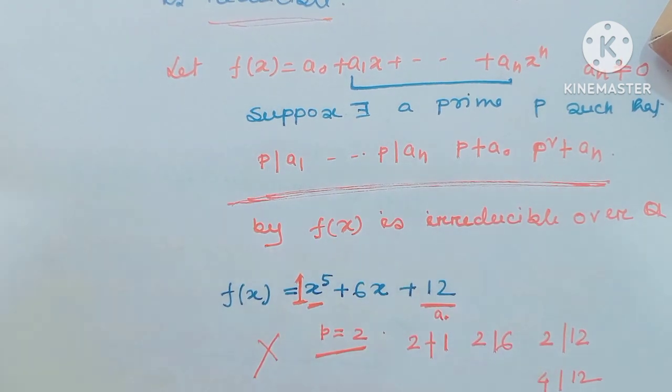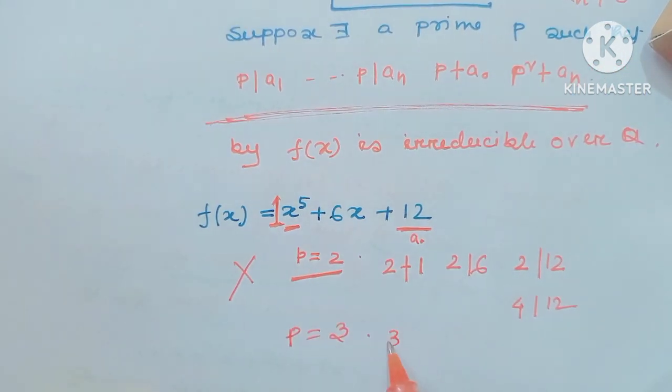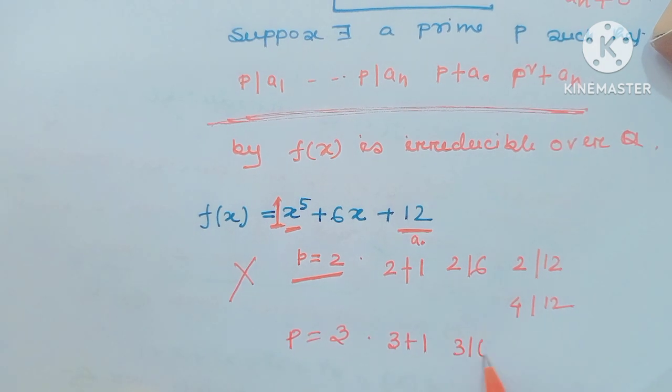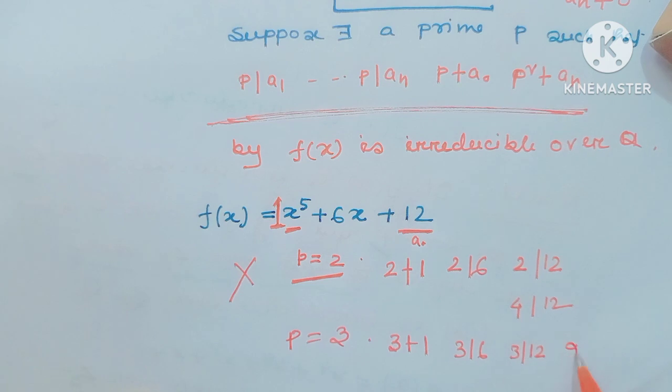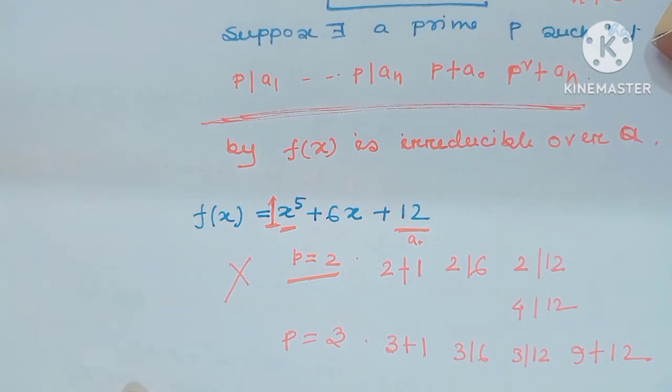Next, we can choose p equal to 3. For this, 3 does not divide 1, which is an, 3 divides 6, 3 divides 12, but 3 squared, which is 9, does not divide 12. For p equal to 3, Eisenstein's irreducibility test is satisfied.